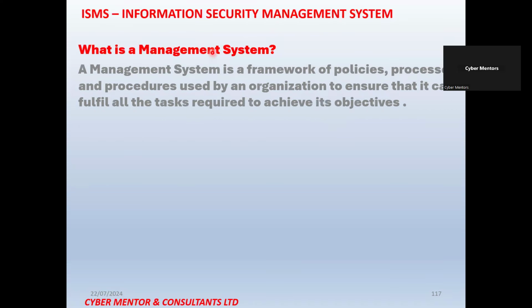Basically, it is the use of policies, processes, and procedures that organizations use in running their businesses, for the organization to achieve business objectives. Remember here, we're not talking about security. We're not talking about cyber security at this level.